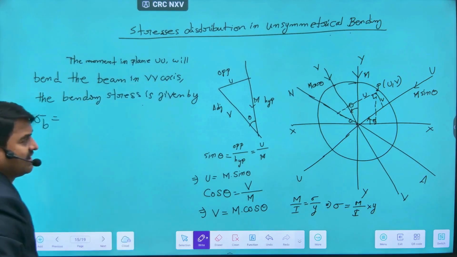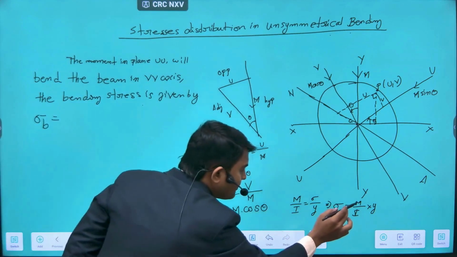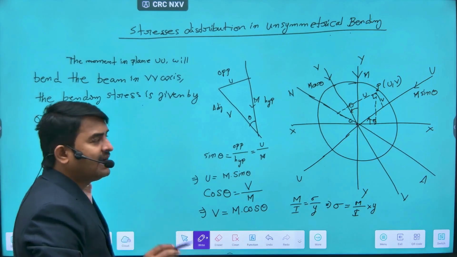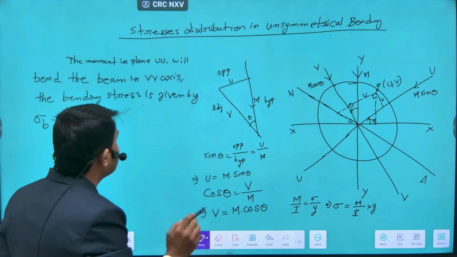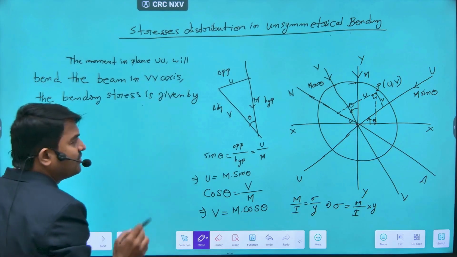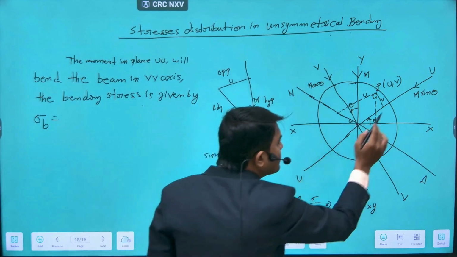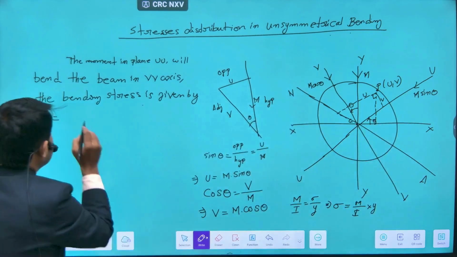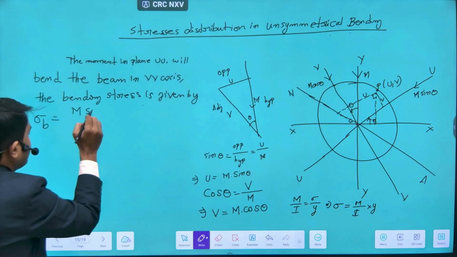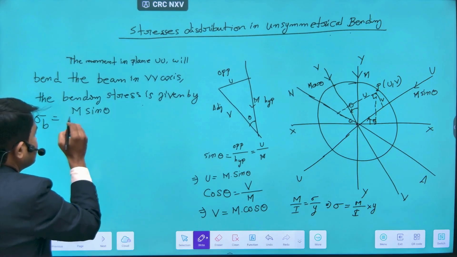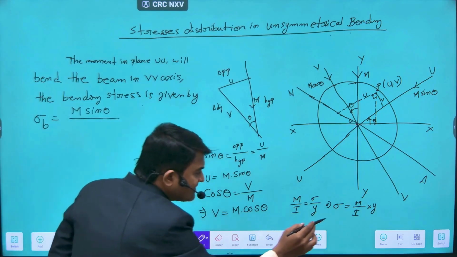Now, the moment in plane UU is, see here, what is M? M is nothing but the bending moment. Here we are taking the bending moment in the plane UU. What is the bending moment in plane UU? That is M sin theta. Then what is I here?